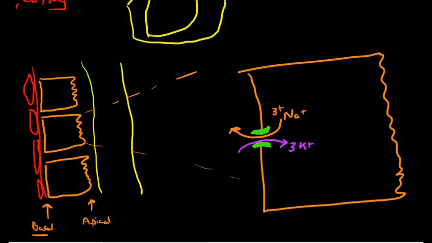And in order to do this, remember, it's pumping against concentration gradients, right? Because there's more sodium on the outside than on the inside. The opposite is true with potassium, where we have 4.5 on the outside and 140 or so on the inside.